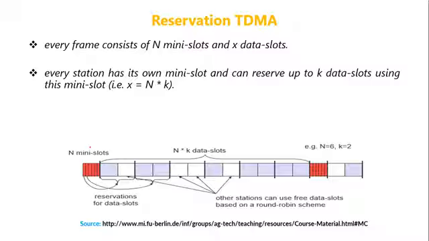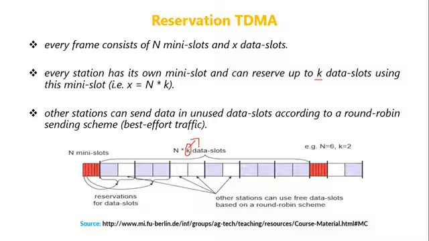Every station has its own mini slot, and it can reserve up to k data slots. So k represents the maximum number of slots each station can reserve.